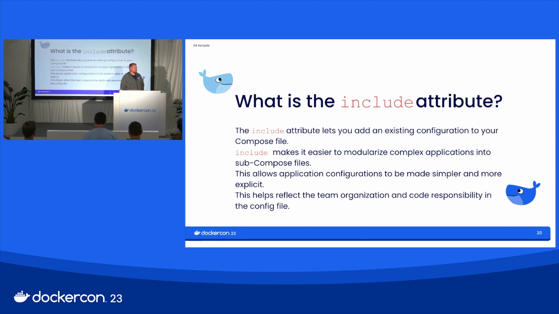We know that a lot of people need to be able to include definitions of parts of the application managed by other teams directly in their own Compose file. So we added an include attribute to the Compose specification and into Compose. That will make it easier to modularize a complex application into sub-Compose files.